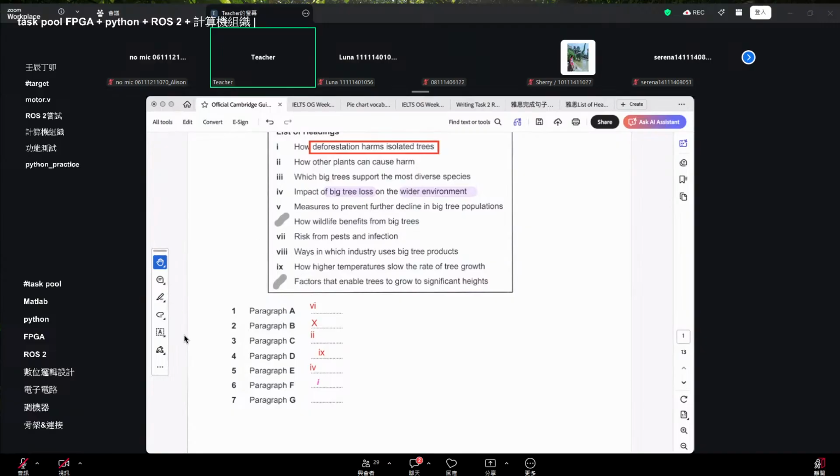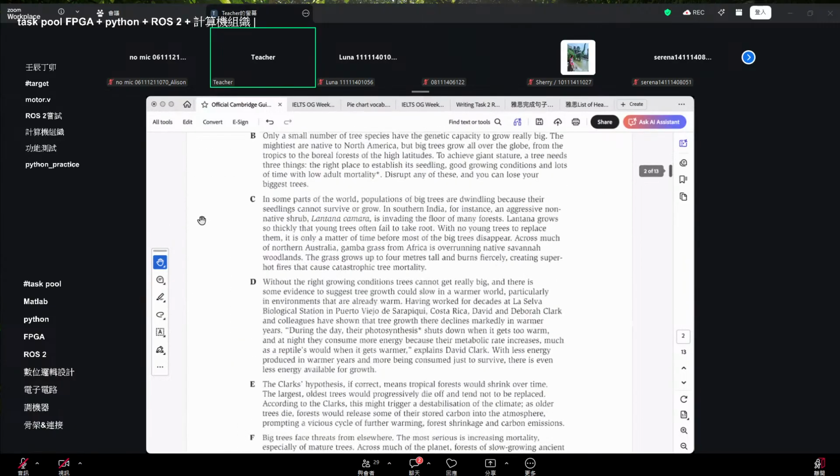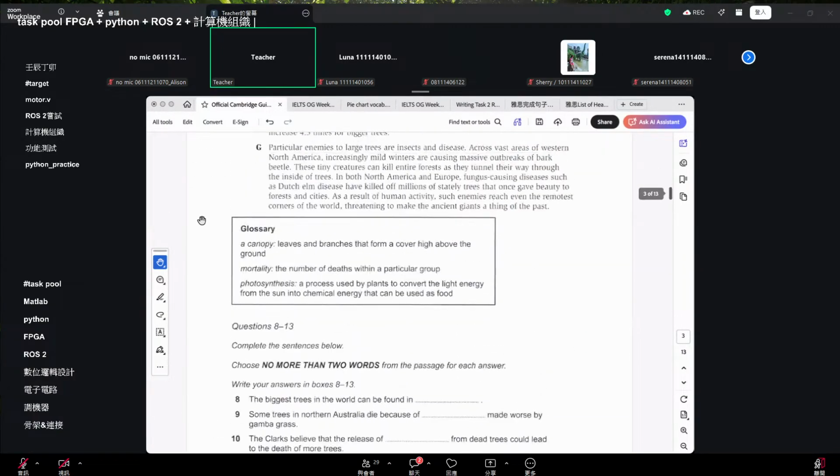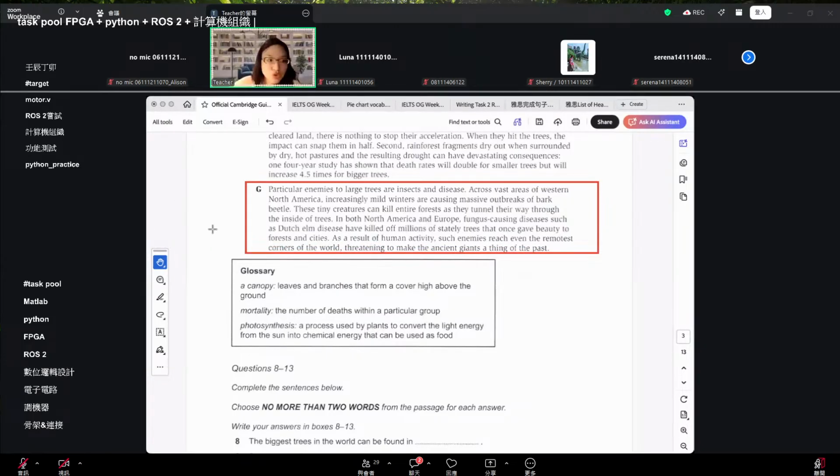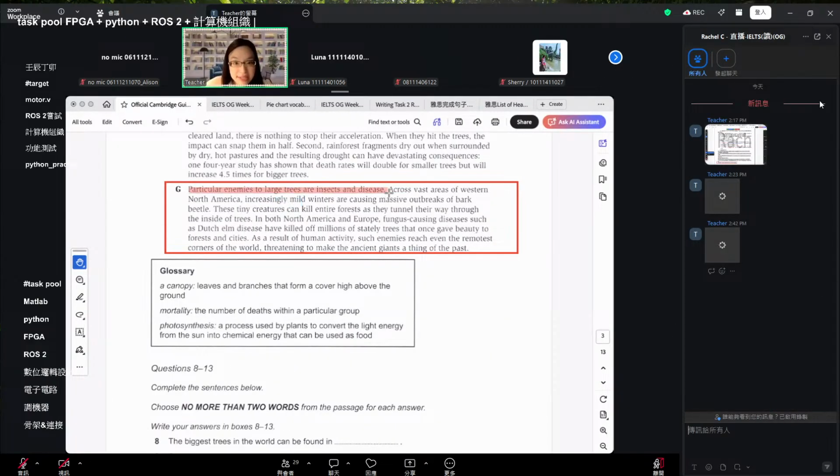Now, if we were to move on to paragraph G, right down here, particular enemies to large trees are insects and disease. Now, you could have started reading about this too. Insects and disease.